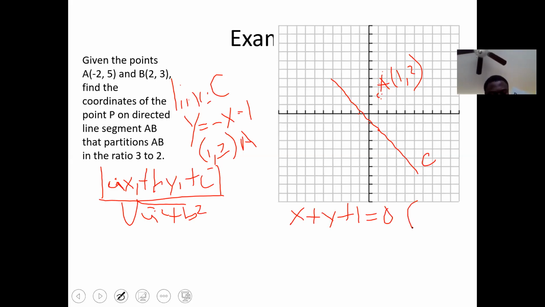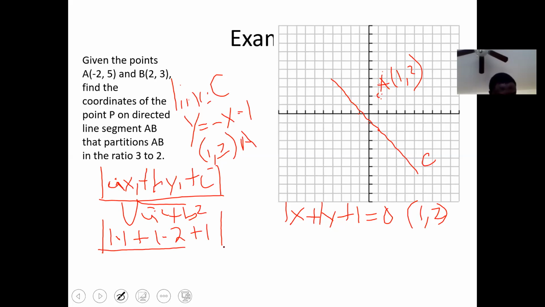And we still have our point 1 comma 2. So now we can plug everything in where A and B are just 1. So it's actually 1 times x is 1 plus 1 times 2 plus 1, okay, all divided by the square root of 1 squared plus 1 squared, okay?